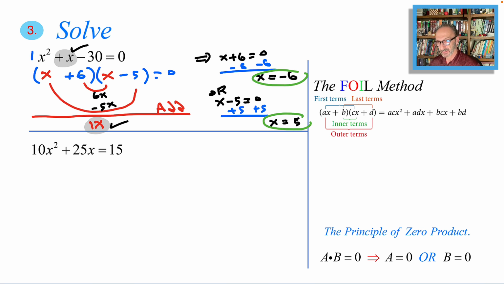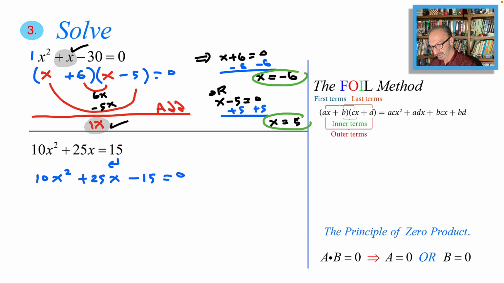To do the second one, for more practice, let's move the 15 to the other side, and that will give me 10x to the second plus 25x minus 15 equal 0. For factoring, we need the 0 to be on the right side, as you could see, so we could use the principle of zero product, and that is my 0.